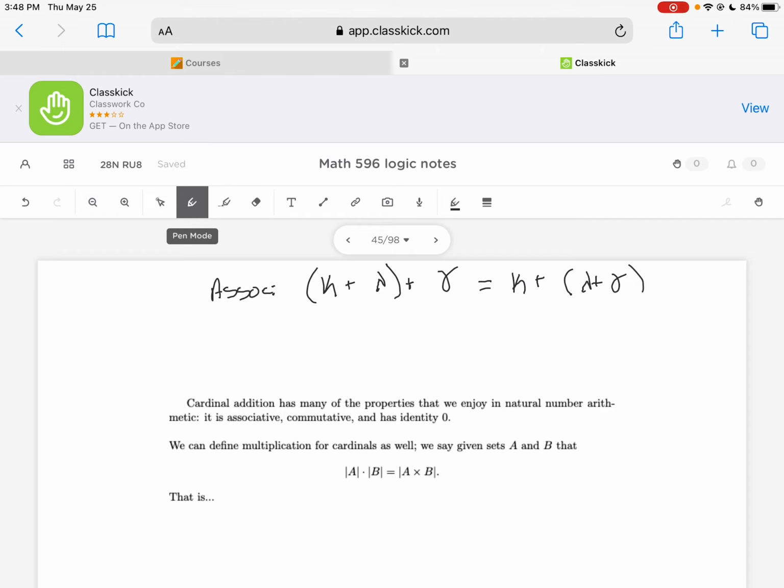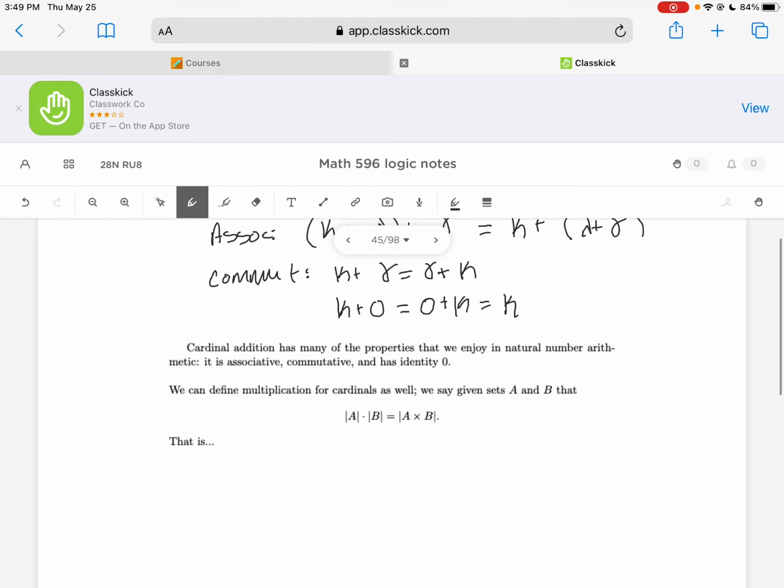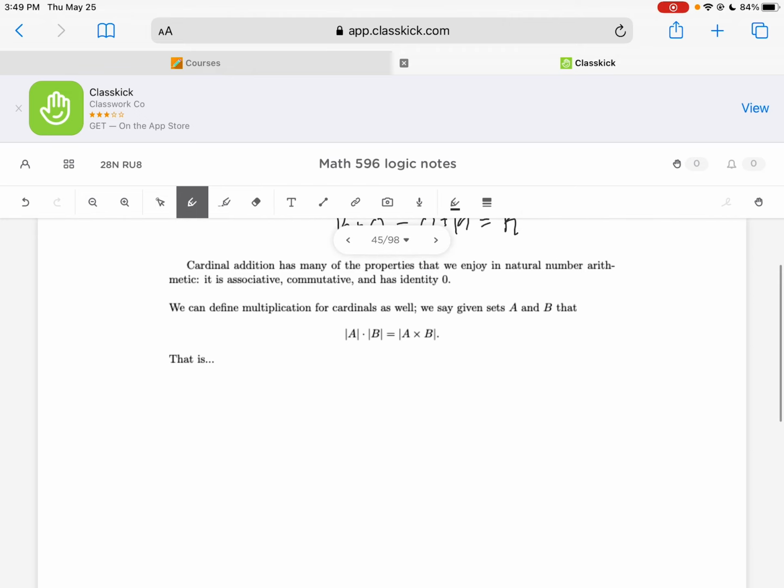We have that it's commutative, which just means for any cardinal numbers kappa and gamma, kappa plus gamma is equal to gamma plus kappa. It has identity 0, so if you add kappa plus 0 or 0 plus kappa, you get kappa back again. This is true for all cardinal numbers kappa, lambda, and gamma. These are some nice properties that addition has for cardinal numbers.